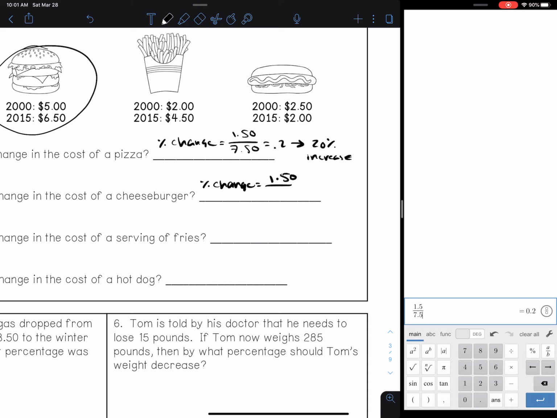Divide that by the original amount, which was $5. So you get 1.5 divided by 5.00, and this equals 0.3. How do you write 0.3 as a percentage? What do we think, guys? 30%. And is it an increase? Yep, the price increased.